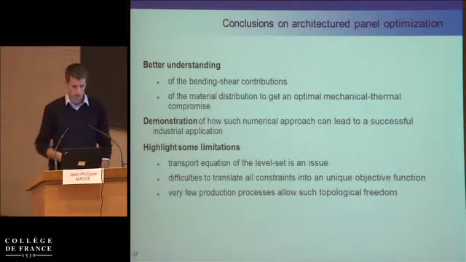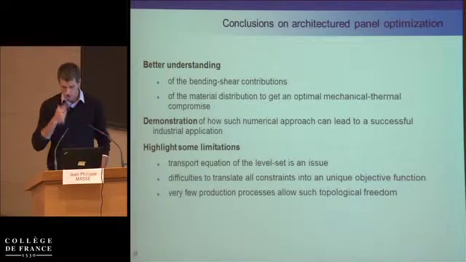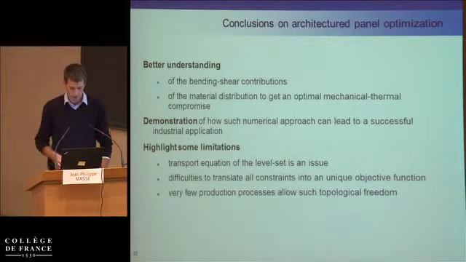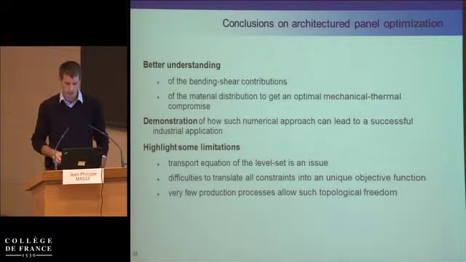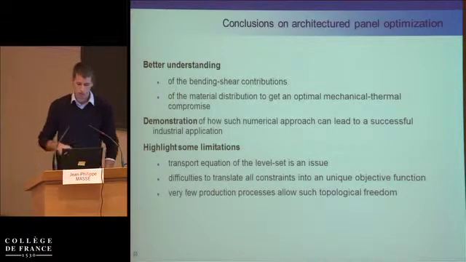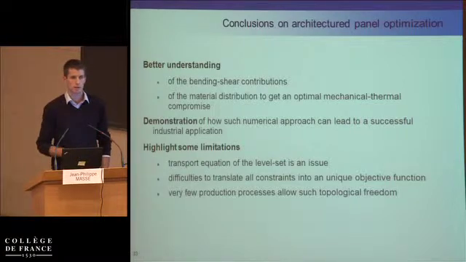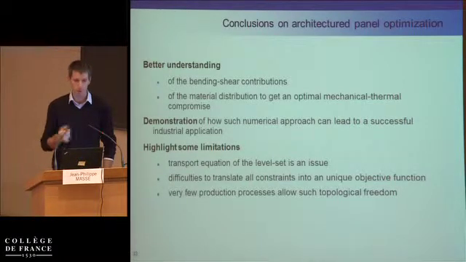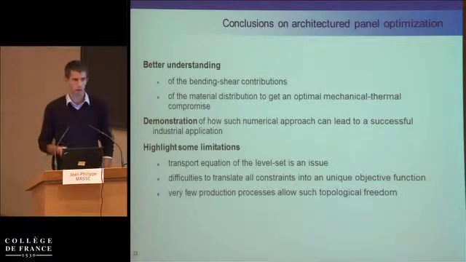But we also highlight some limitations. The transport equation I talked about, which is really an issue for the level set method, and the difficulty to translate all the constraints in a unique objective function. I talked about the regularization step we added.